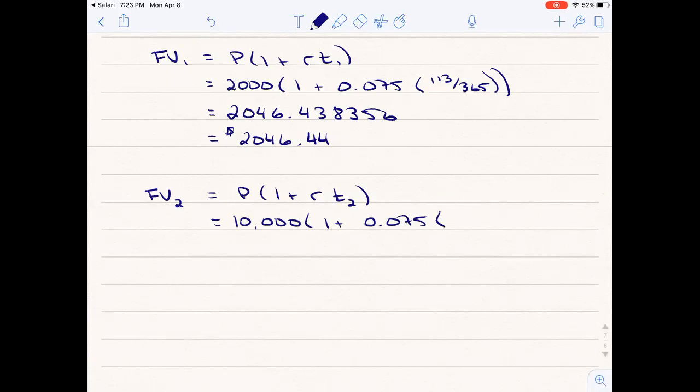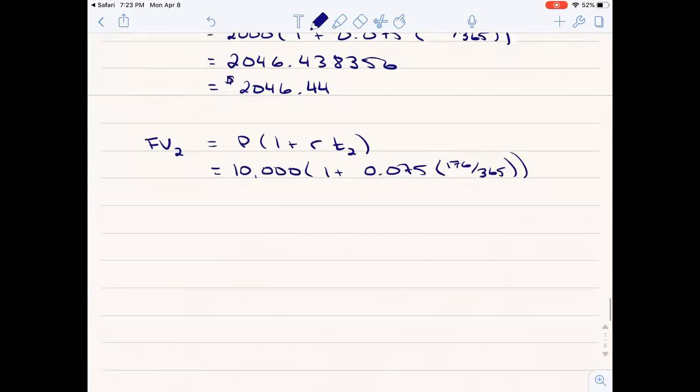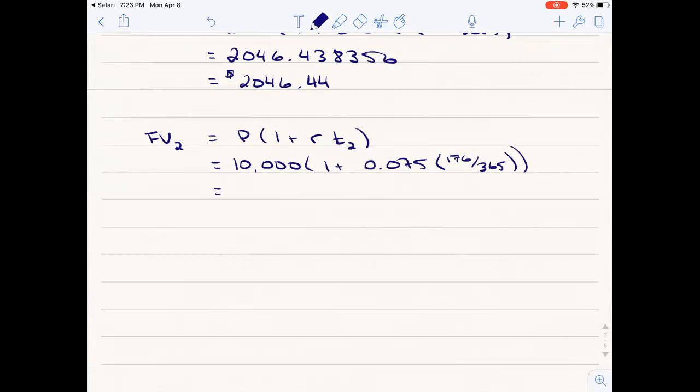And T for this one was 176 over 365. 176 over 365 times 0.075 plus 1 times 10,000 is 10,361.64384. So in money, 10,361.64.